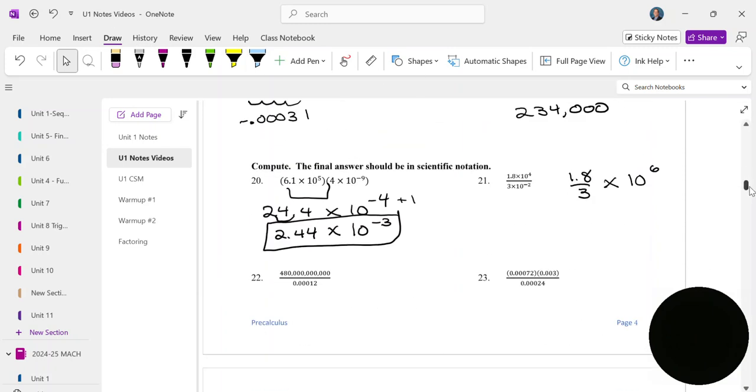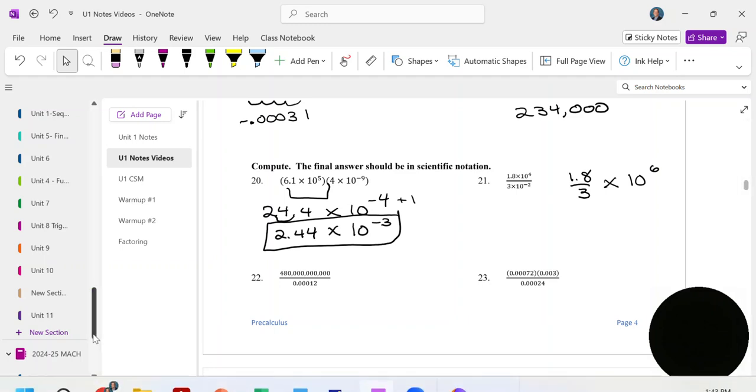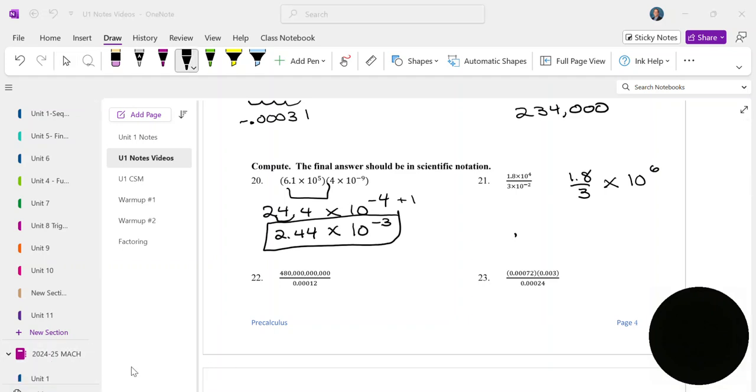There we go. Sorry, lost the pen a little bit here. All right, so 0.6 times 10 to the 6th. So now to make it in scientific notation, we have to make it 6.0. And since we made this bigger, we have to make that smaller. So it's 10 to the 5th.